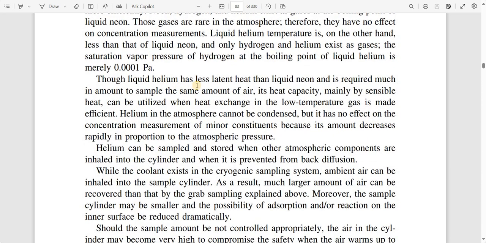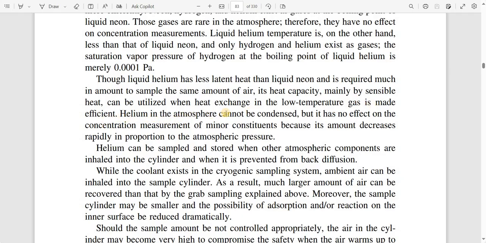Liquid helium has less latent heat than liquid neon and is required in larger amounts to sample the same amount of air. Its heat capacity, mainly by sensible heat, can be utilized when heat exchange in the low temperature gas is made efficient.